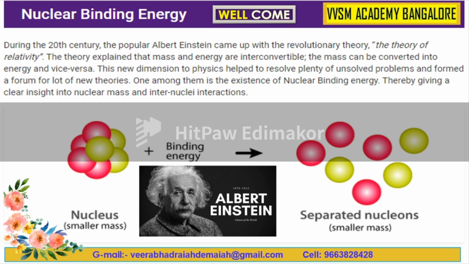Suppose the binding energy breaks: nucleus plus binding energy gives separated nucleons, that is, smaller masses of nucleons, which may be protons or neutrons.